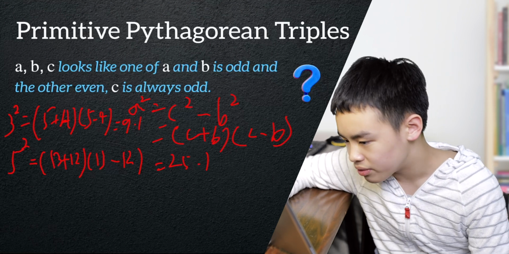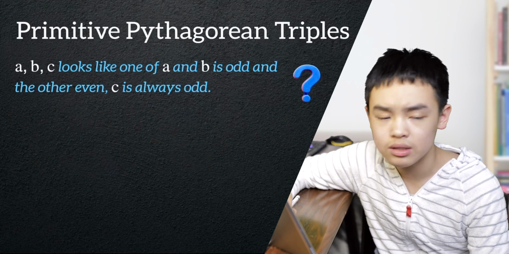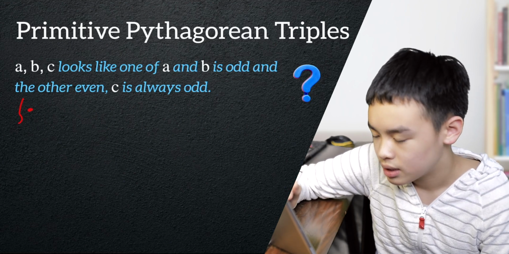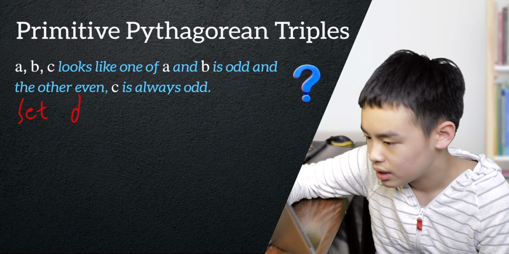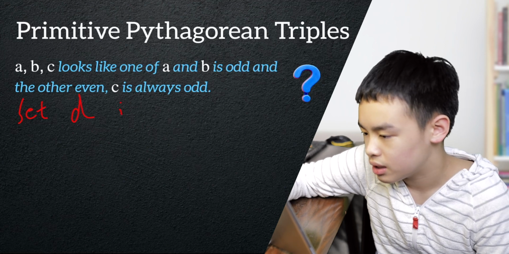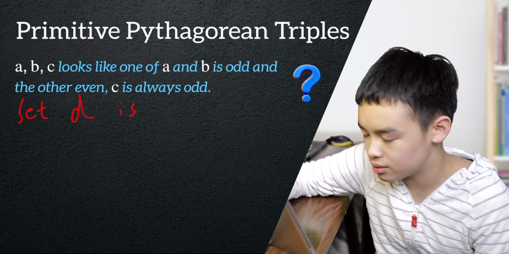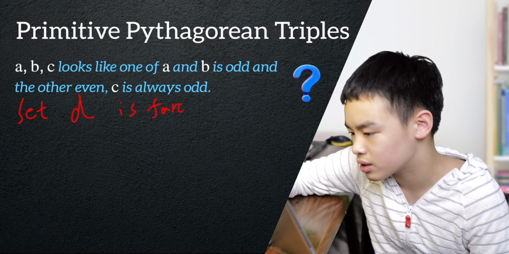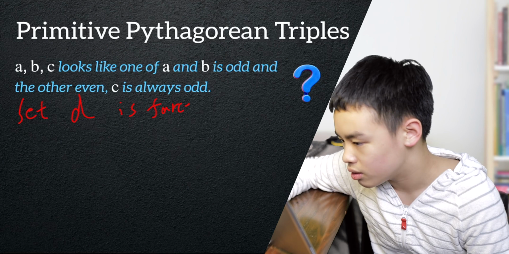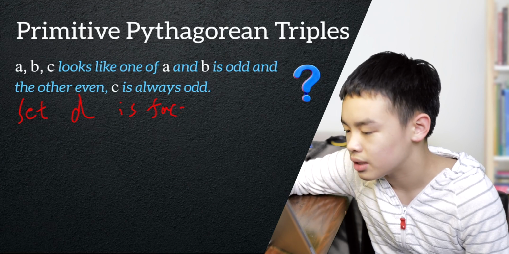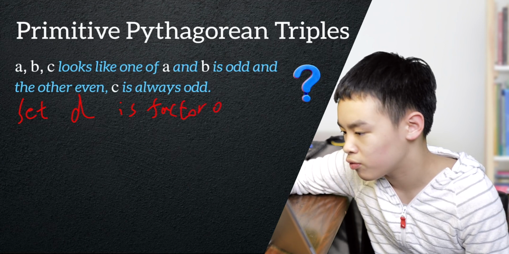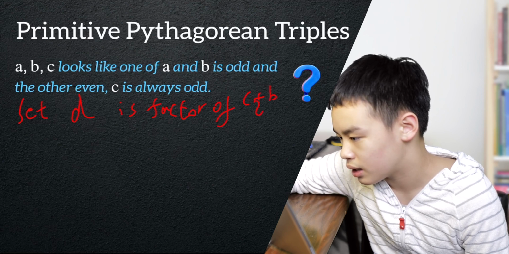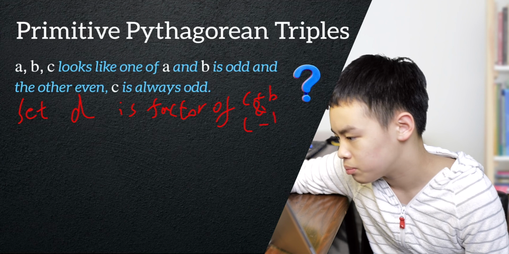and we are going to prove it. So in order to prove it, we'll say set d, and d is a factor of c plus b and c minus b.